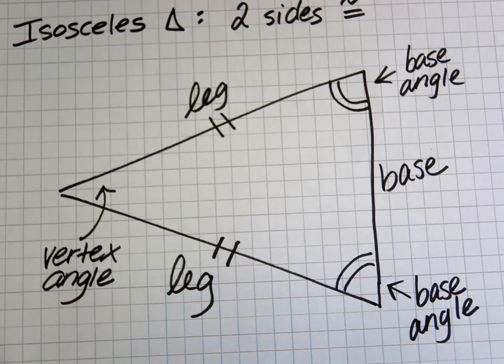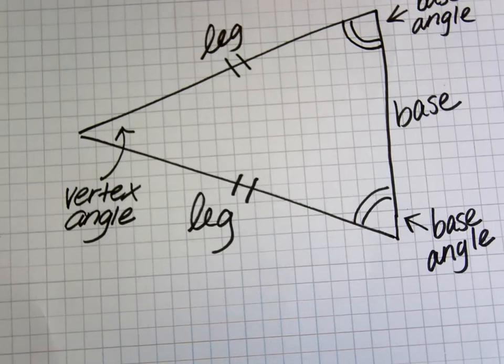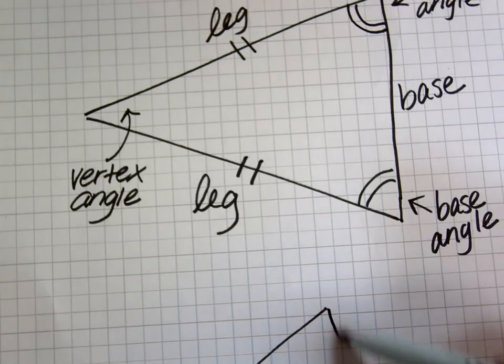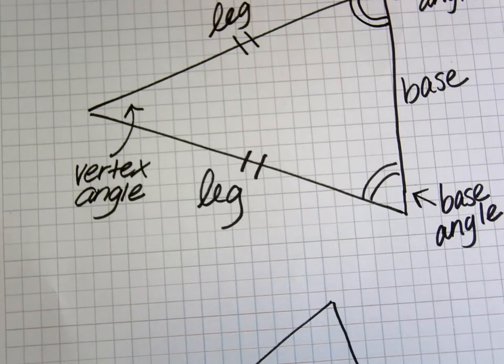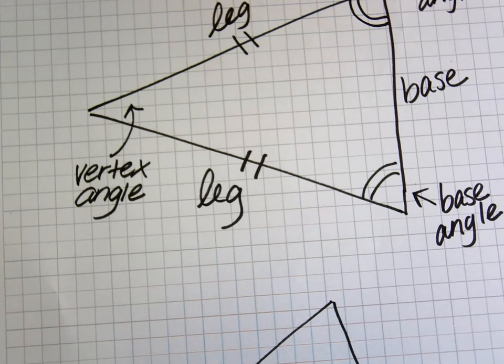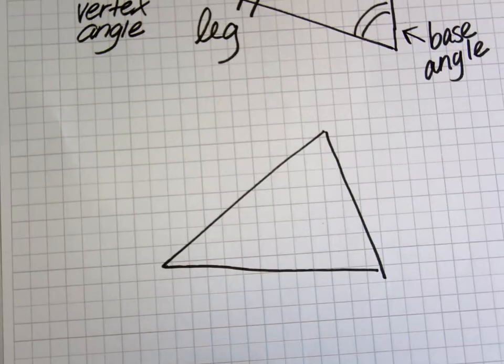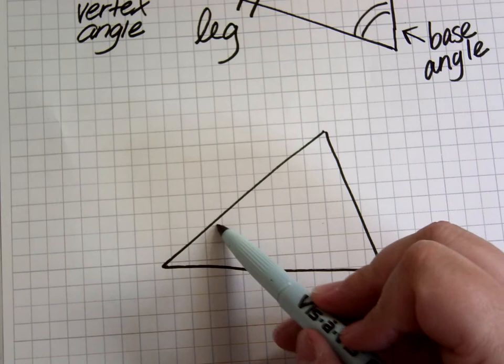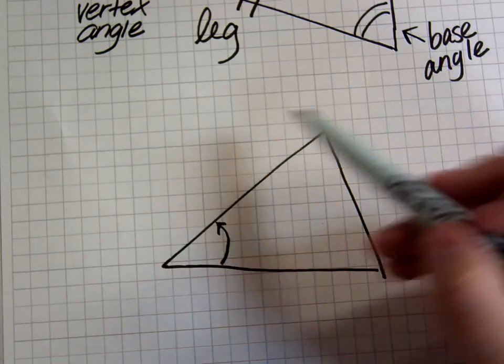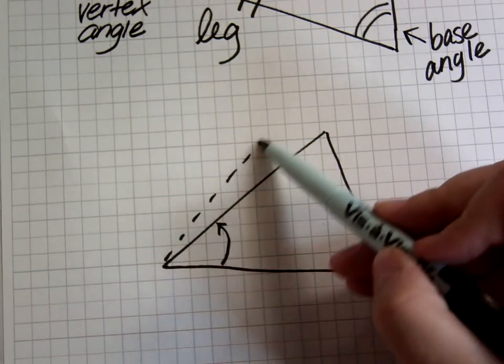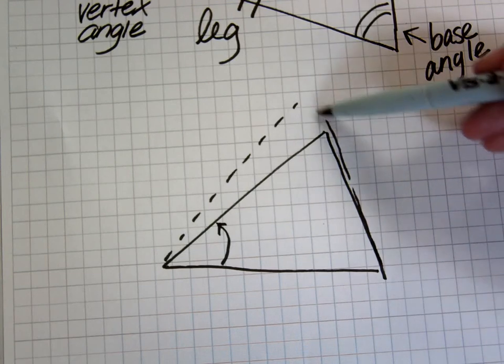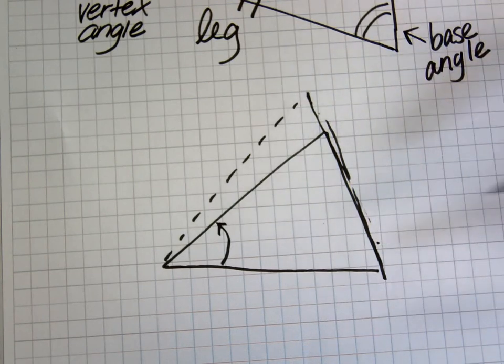Here's the why. Pretty much anytime you have a triangle, your biggest side is across from your biggest angle, and your smallest side is across from your smallest angle. If I take the two sides of this angle and open it up more, now this side has to be longer to bridge the gap.